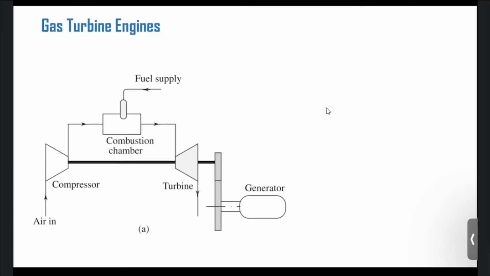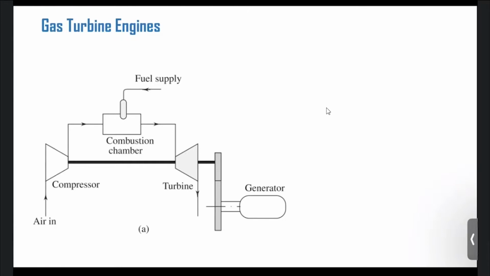Okay, so basically air comes into the compressor at atmospheric pressure. It gets compressed, then it goes to the combustion chamber where the fuel is injected or added. Then this fuel plus air mixture burns and expands at constant pressure in the turbine. This expanded combustion products are then discharged or rejected to the atmosphere.